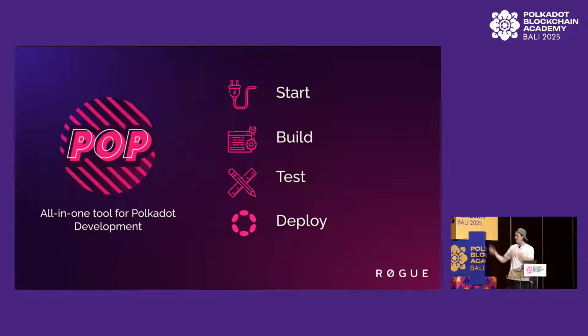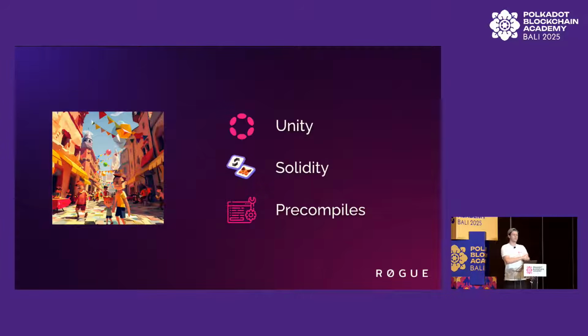Again, POP CLI also covers everything for Ink smart contract development and the Polkadot Hub. So there's finally focus in Polkadot on one thing, and that's the Hub, or most of its focus, which is good. The focus is attracting these Solidity developers and projects and quickly bootstrapping a thriving city.